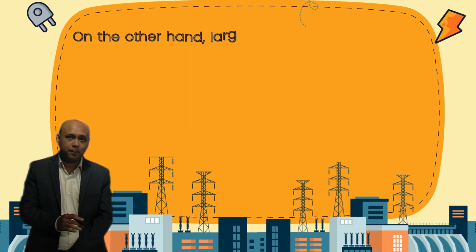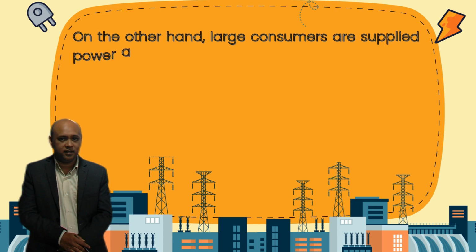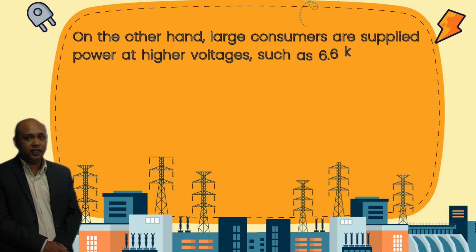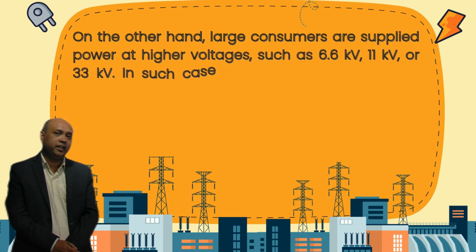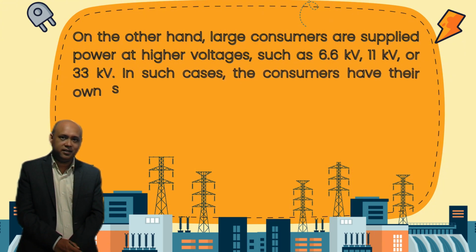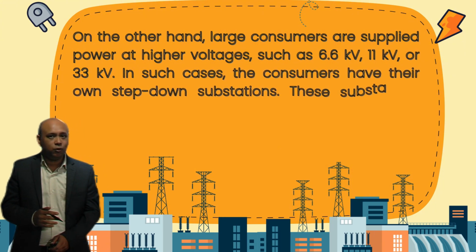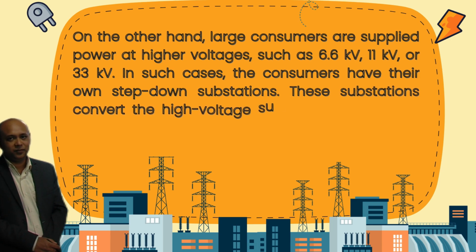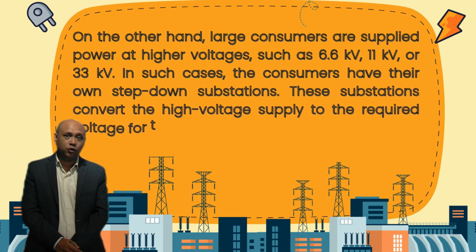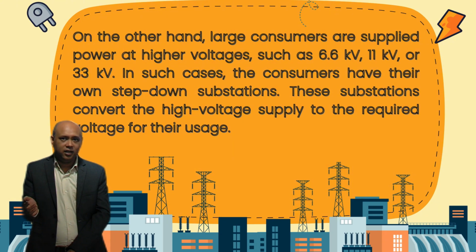On the other hand, large consumers are supplied power at high voltages such as 6.6 kV, 11 kV or 33 kV. In such cases, the consumers have their own step-down substations. These substations convert the high voltage supply to the required voltage for their uses.